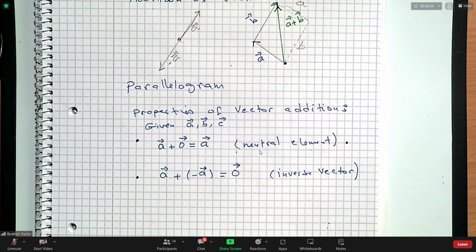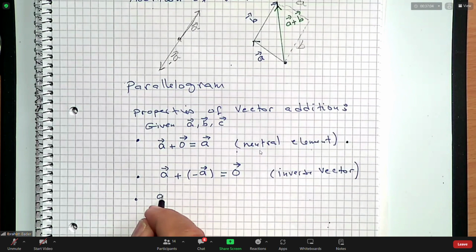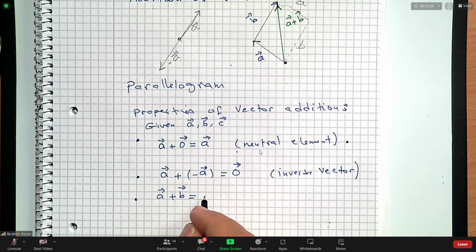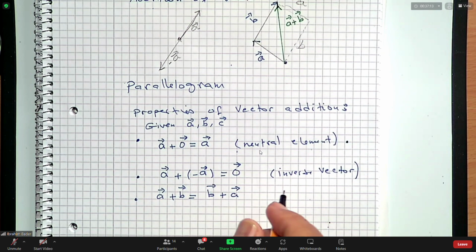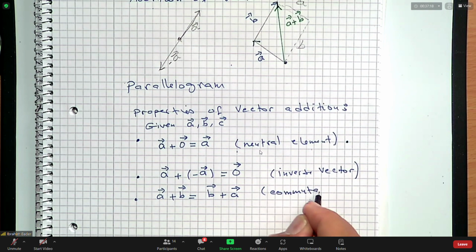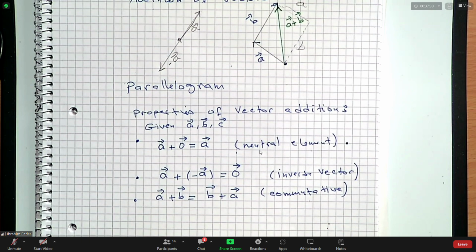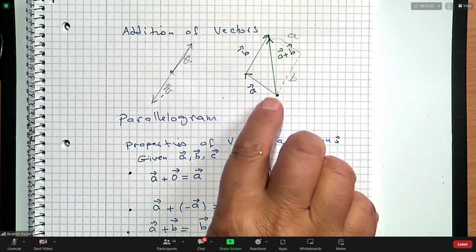Now, if we add two vectors, A plus B equals B plus A. It doesn't matter what the order is, so this is what we call the commutative property. Let me illustrate it on this graph; I hope you still can see it.